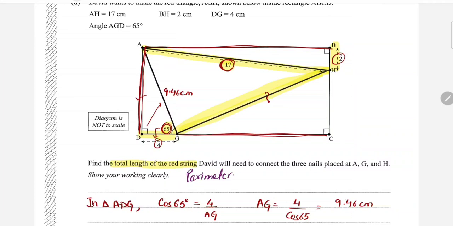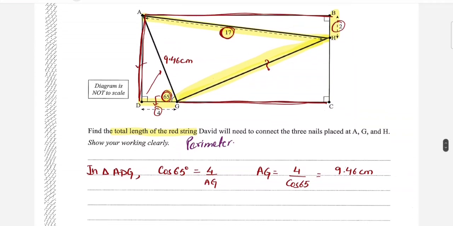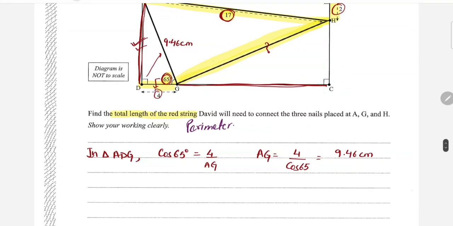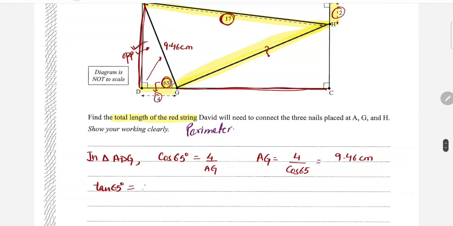So when we have this one, then similarly using this triangle, we can find this length. All right. So now remaining in the same triangle, first we have to find opposite as well. This is opposite and adjacent, so we can use tan. So we will use tan 65 degrees is equal to opposite, which is AD, over DG, which is 4.